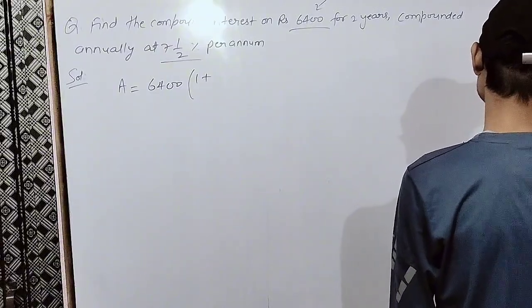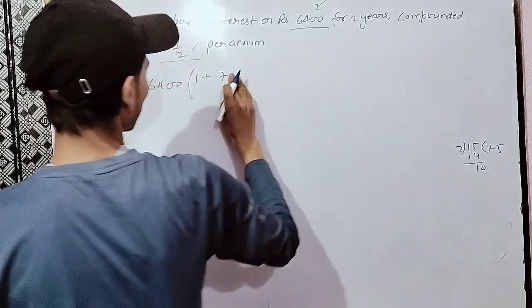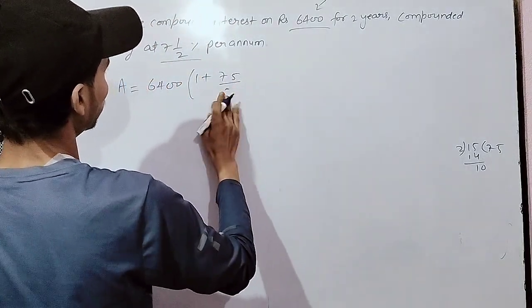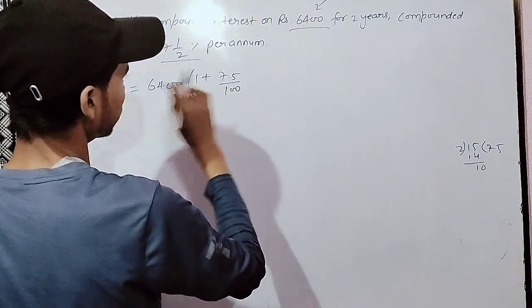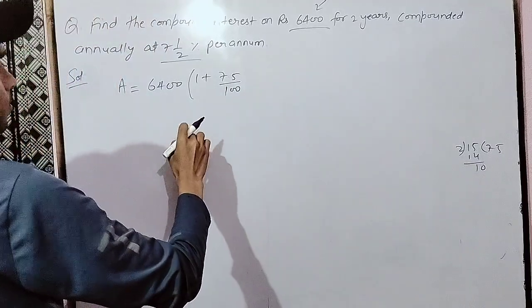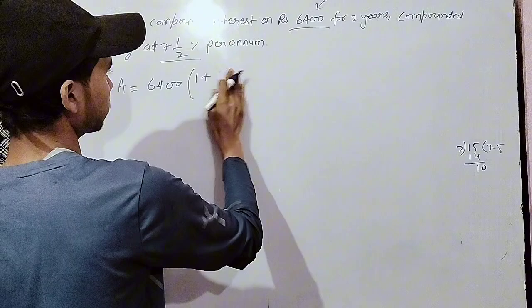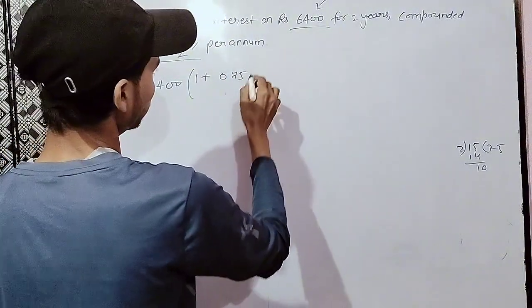7.5 upon 100, in which this will become 0.075.